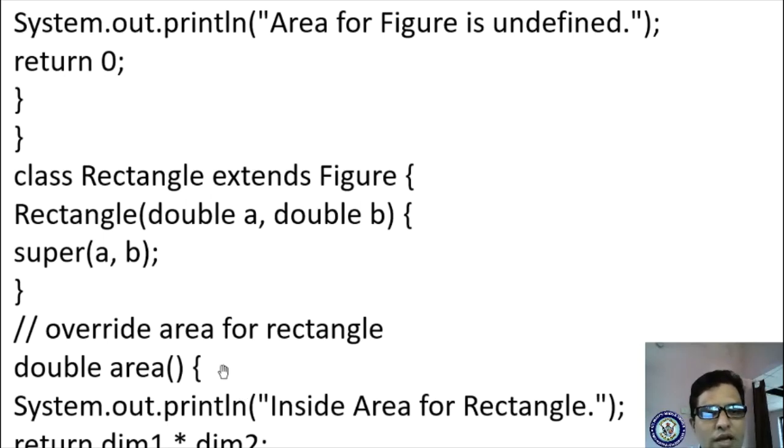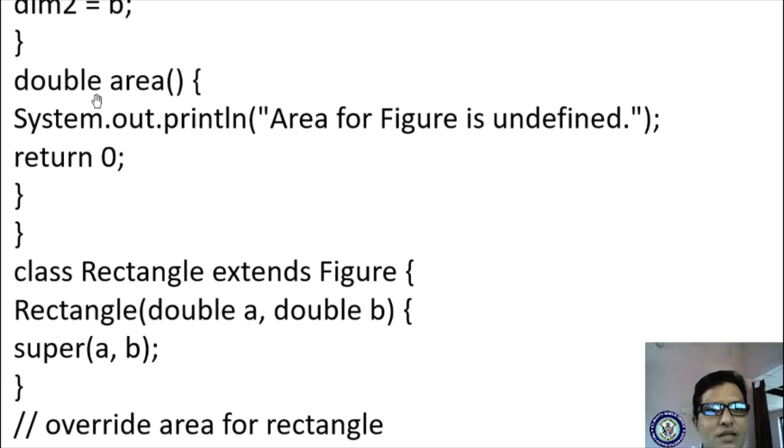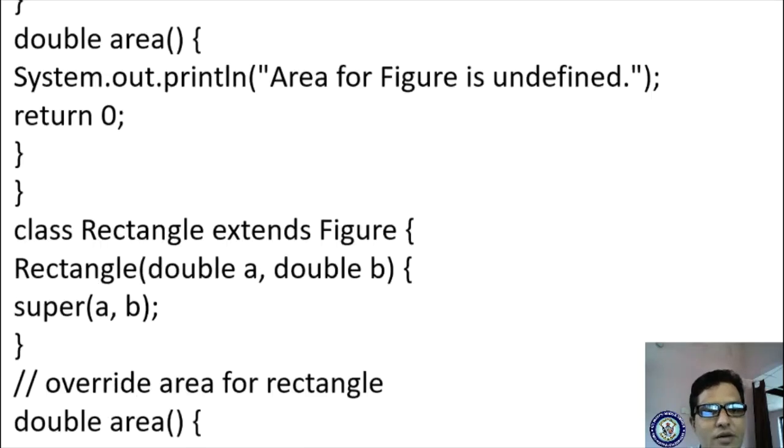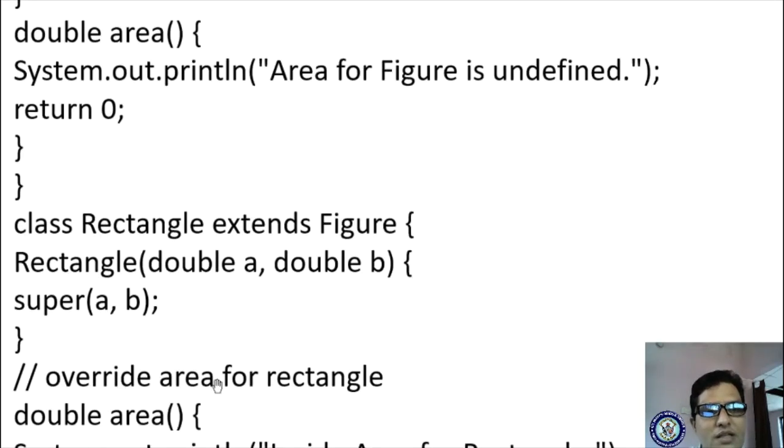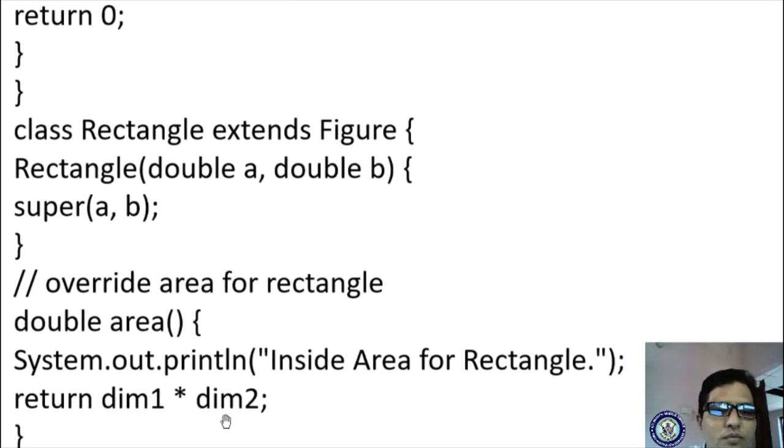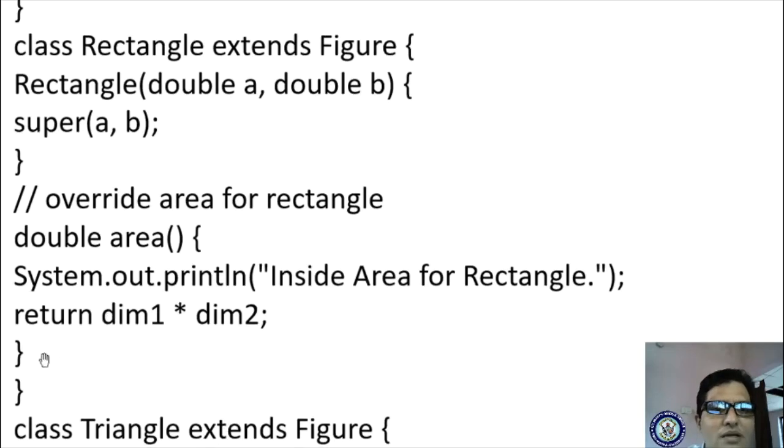Whoever calls it, this area method returns length into breadth. But this method overrides the base class method. Here double area is there, and here double area is there, hence this method overrides, meaning it is hiding the base one. That method never executes if you call it through this object. Got it? And now the class Rectangle ends.